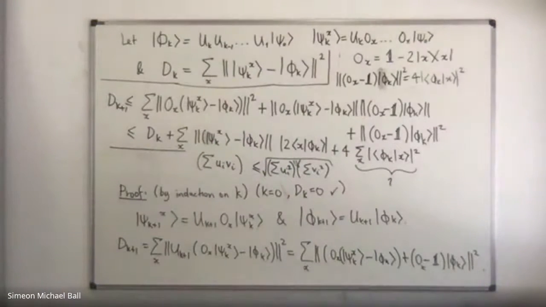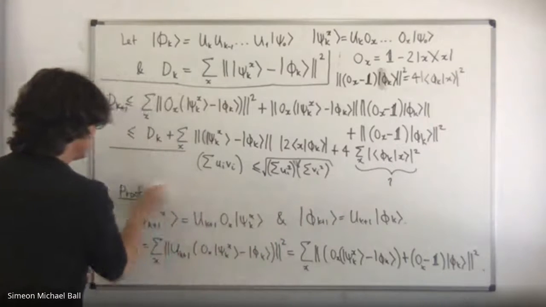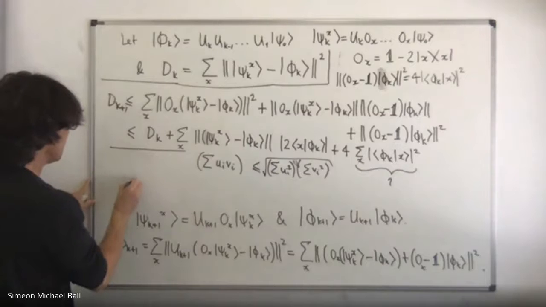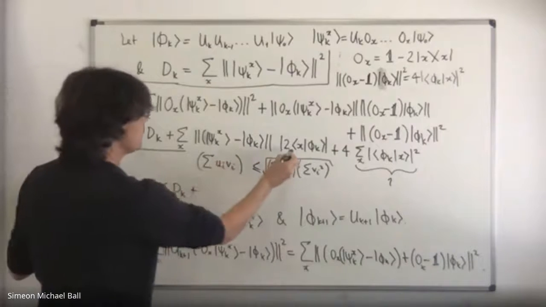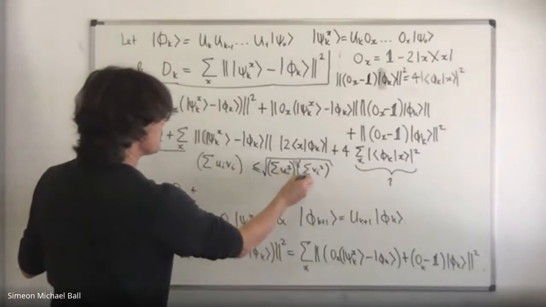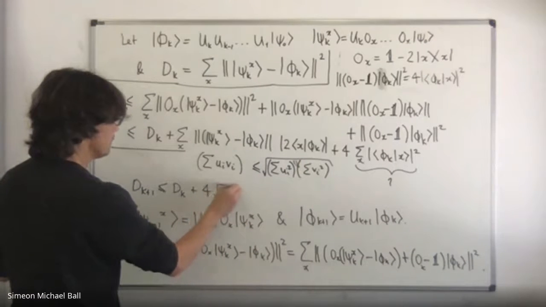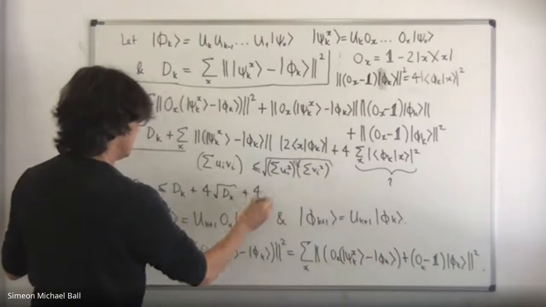So putting all that together, we have that this implies dk plus 1 is less than or equal to dk plus 4 square root of dk plus 4.